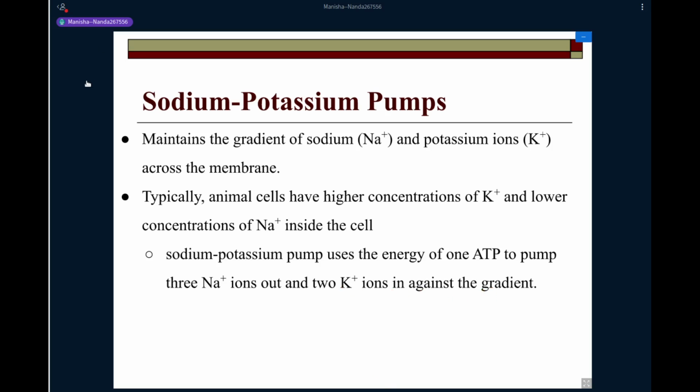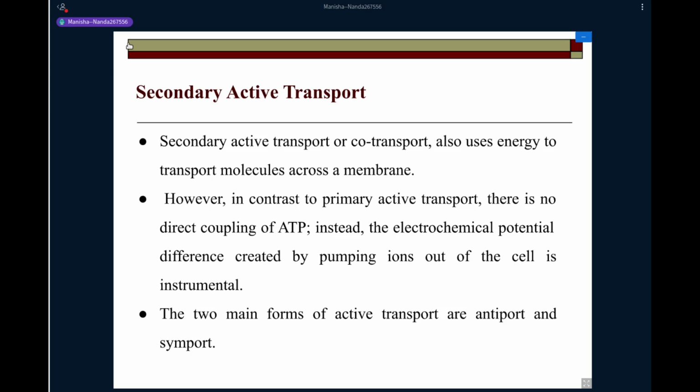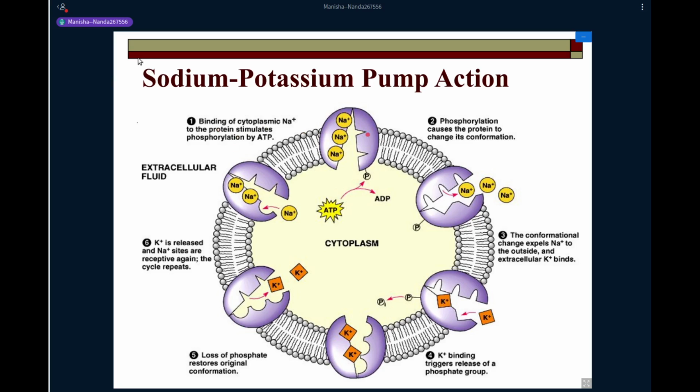Now, whenever the cell's intracellular concentration of sodium rises above the normal levels, that excess sodium is allowed to bind to the sodium potassium pump.